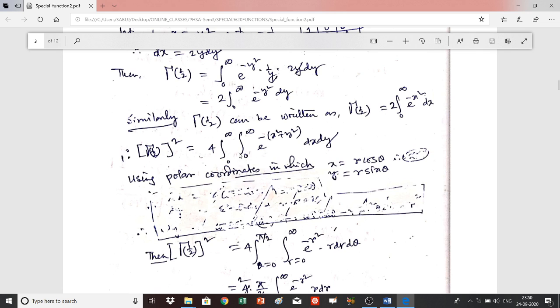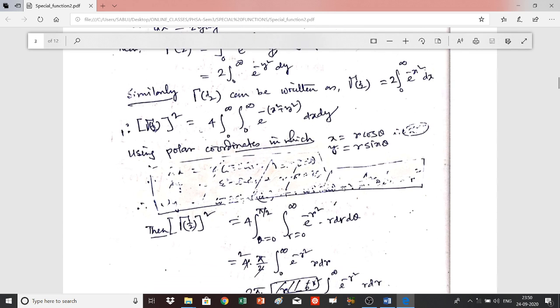If you wish to convert this relation into polar coordinates, then you know that in polar coordinates x is written as r cos theta and y is written as r sin theta. And dx dy is equal to r d theta dr. You are very familiar with this conversion of coordinates from Cartesian to polar coordinates.